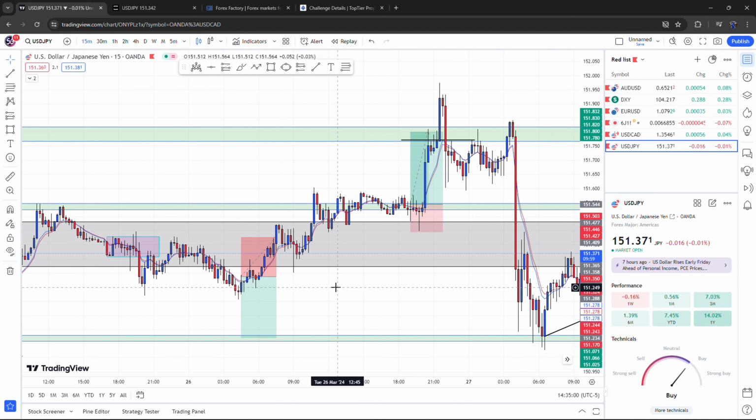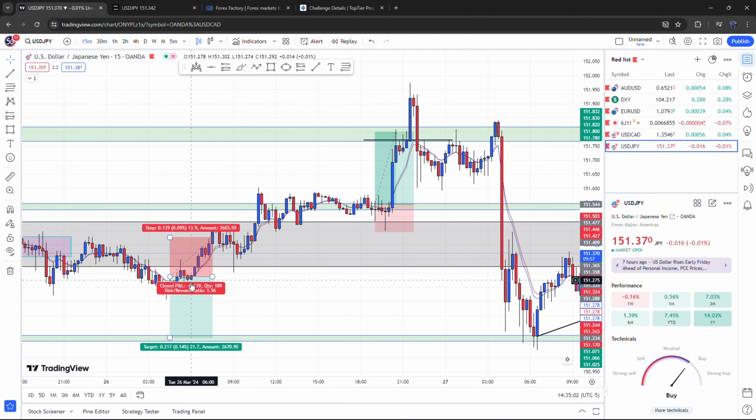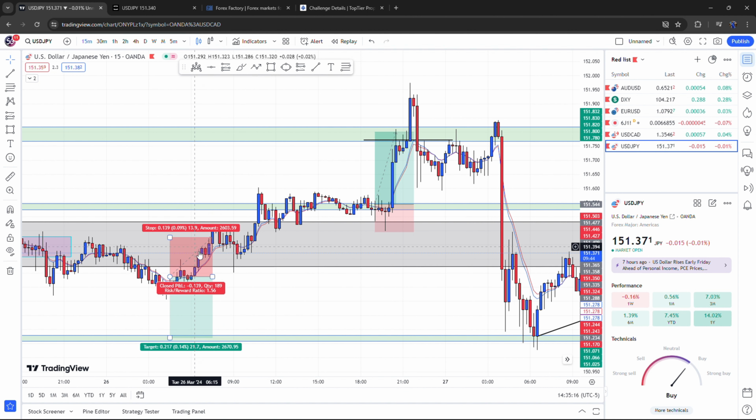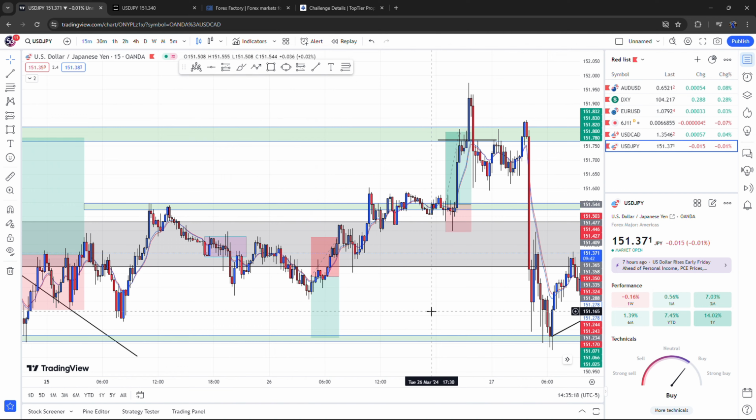I could have caught this a little earlier, because as you can see here, we had started to change character, but I didn't notice it because I wasn't on the chart at this time. I should have had an alert here, but I will be working on that and setting my alerts.